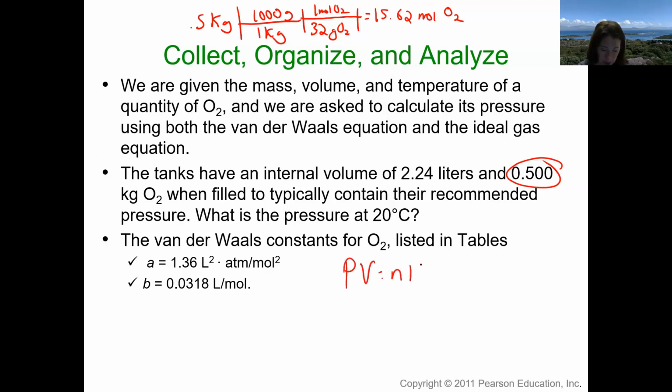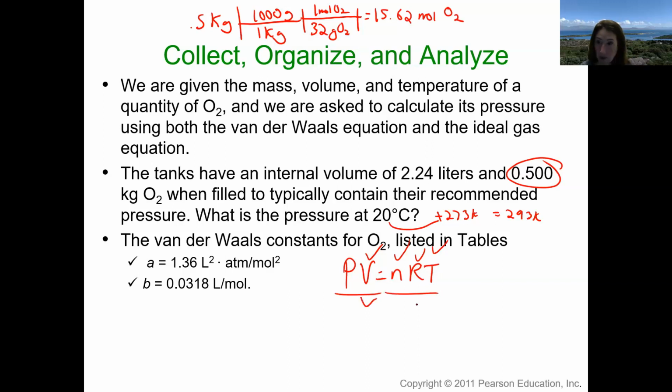PV equals nRT. I'm going to solve this using the ideal gas law. So again, we've got our volume, we've got our moles, we have our R, we have our T, plus 273, whatever, it's like 293. And then we just solve, right?